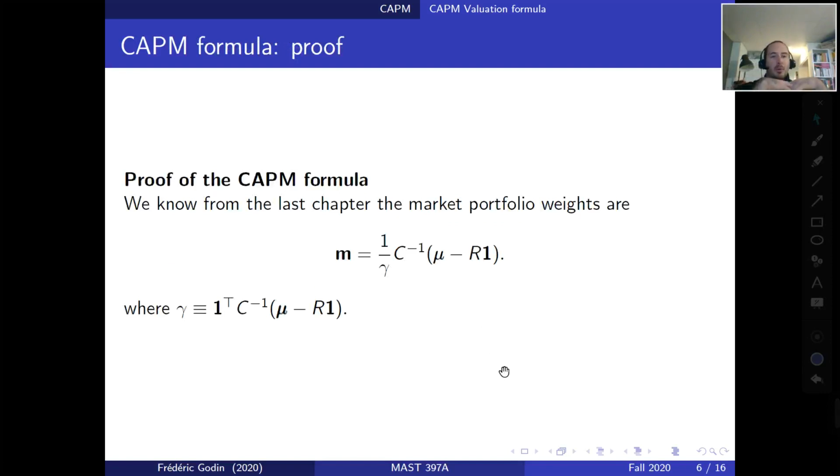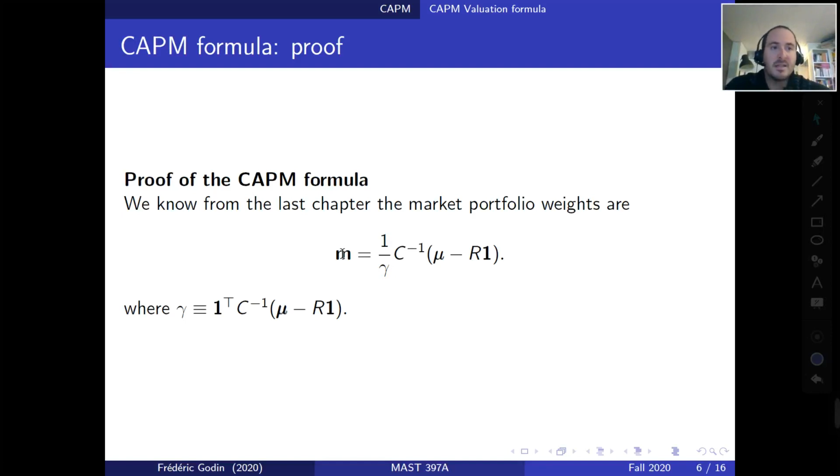So now we will prove the CAPM relationship. Okay, so let's recall the formula for the weights of the market portfolio. We remember from chapter 4 that the market portfolio has zero investment in the risk-free asset because it lies exactly on the minimal variance line.